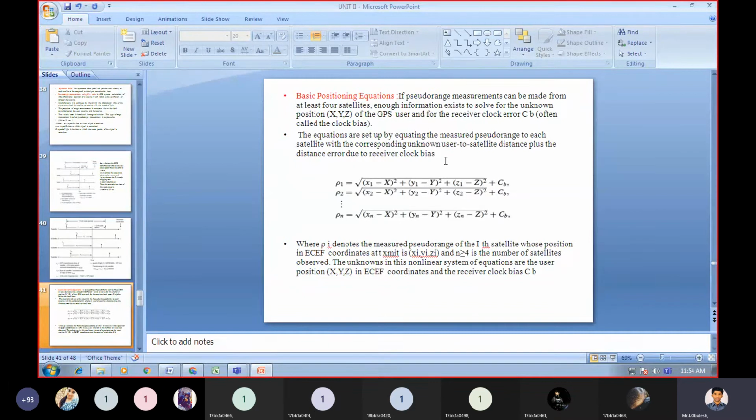Rho i is equal to the square root of (x_i minus x) whole squared plus (y_i minus y) whole squared plus (z_i minus z) whole squared, plus c times b.